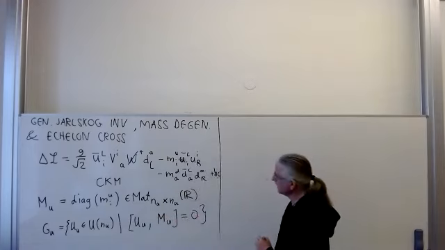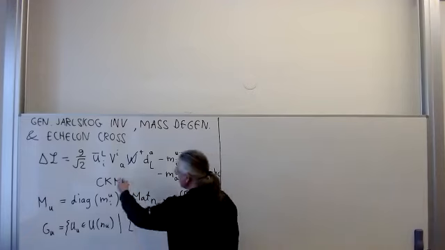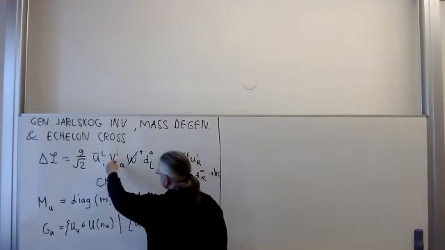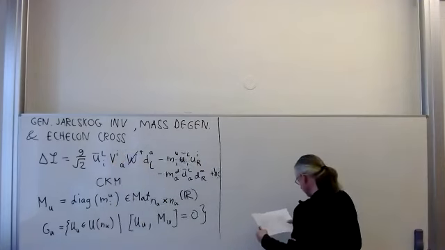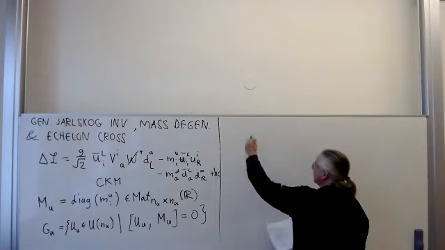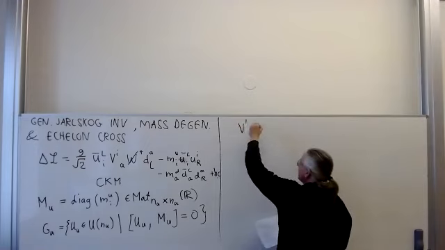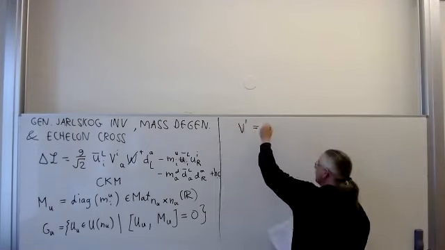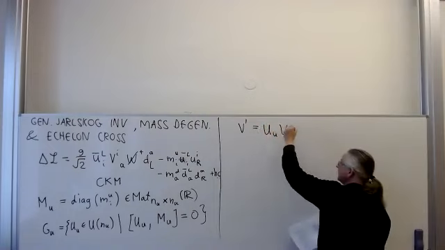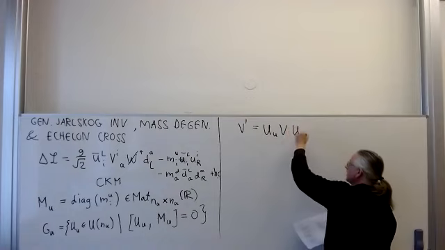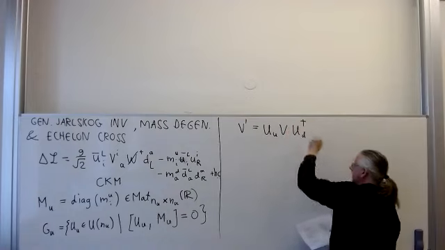The point is that we can apply symmetry transformations on this matrix V, and the way we do that is we have a V prime, which should be equal to a unitary up matrix, V, and then a unitary down matrix dagger.